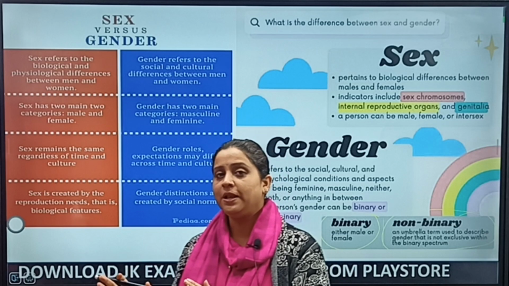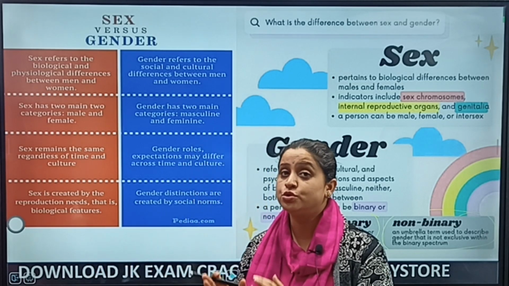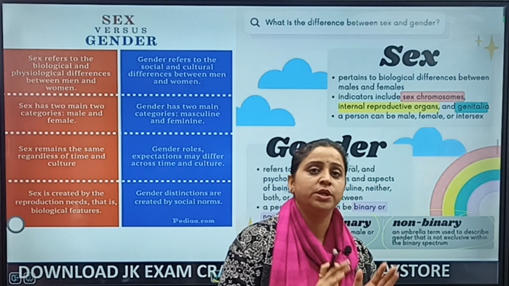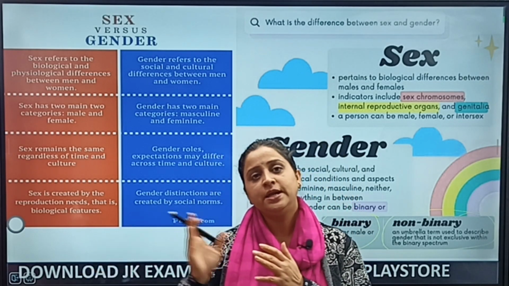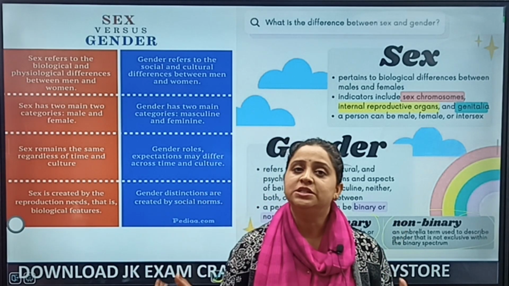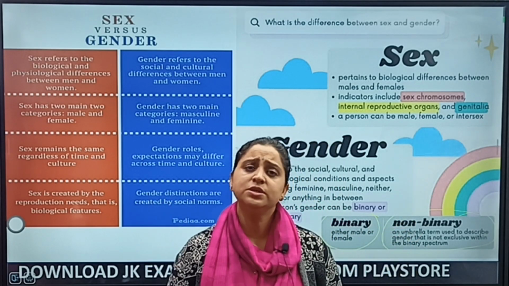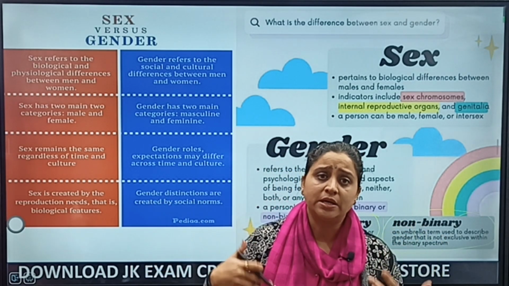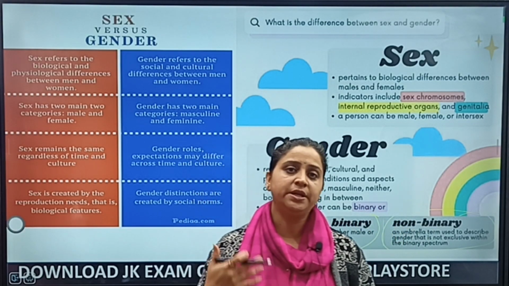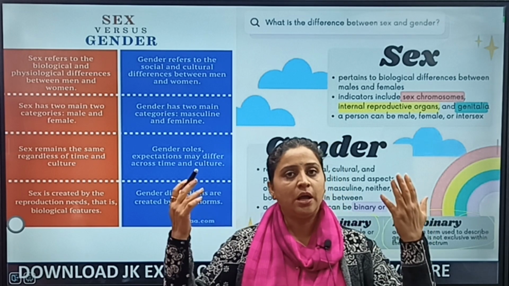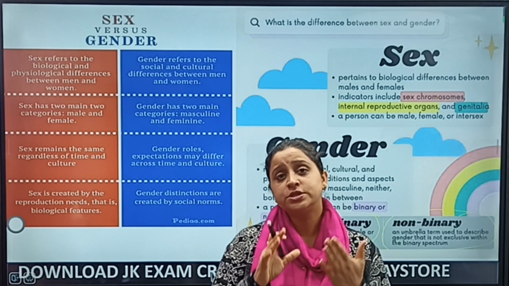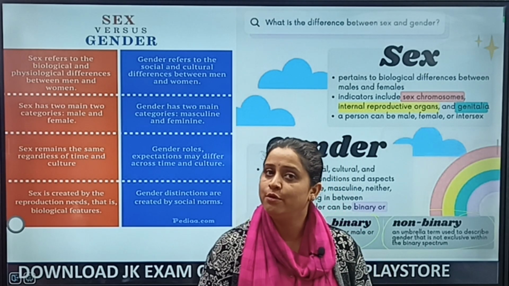Same goes for the female, that a female is supposed to be sexually oriented towards a male, but when a female is oriented towards a female, it is said to be deviated. This is a deviation, or you can say, it is accepted as somebody's own orientation, and it is considered legal as well now, but society does not consider it to be normal.